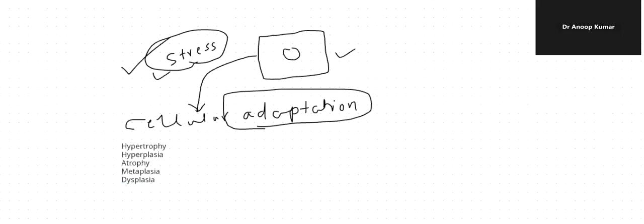These are the types of cellular adaptations. The cell will try to adapt to these adverse conditions through these types: hyperplasia, hypertrophy, atrophy, metaplasia, and dysplasia. One by one we will discuss them, but first understand that by these the cell tries to adapt to particular conditions.